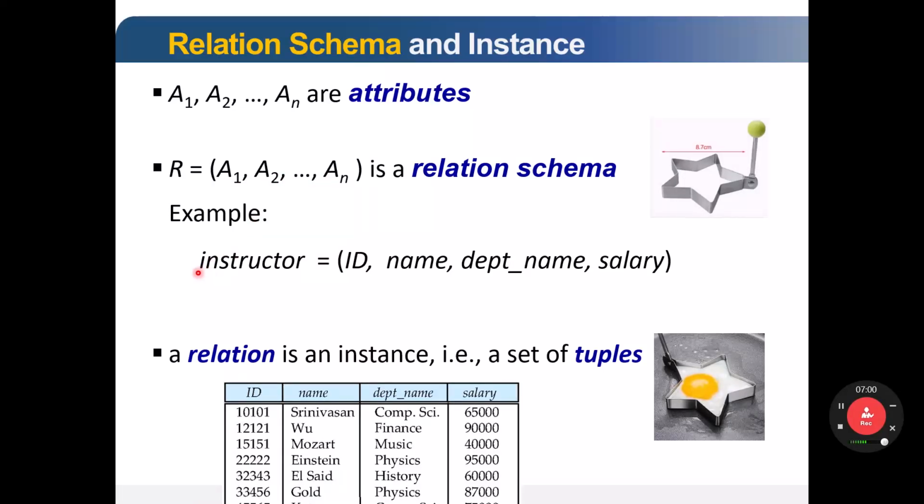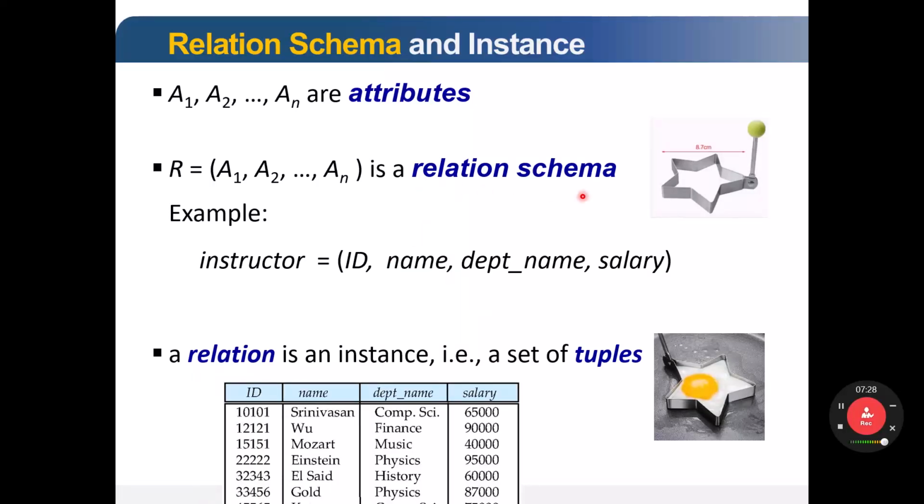An example is shown below. Suppose that you model the instructor entity set, and it has 4 attributes: ID, name, department name, and salary. They should be separated by commas and enclosed by parentheses. This is an example of a relation schema definition.